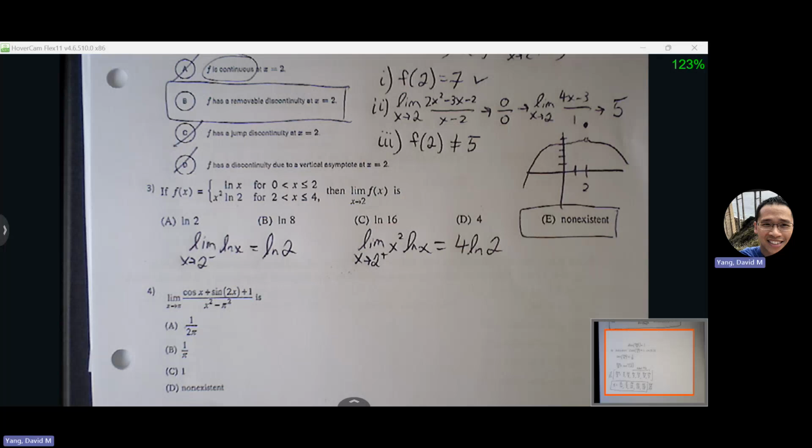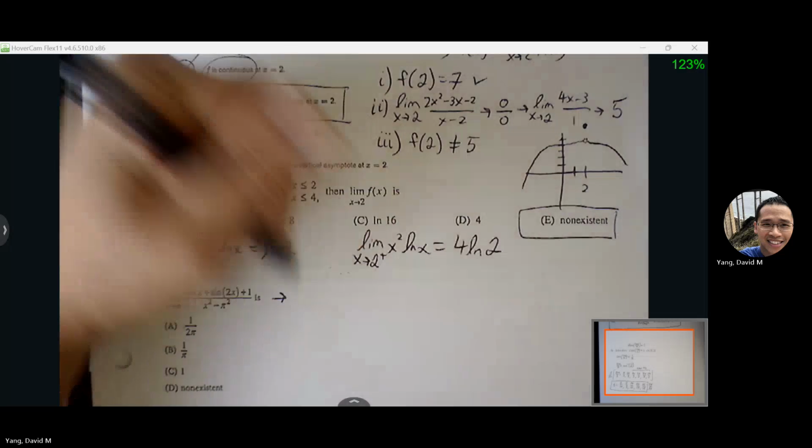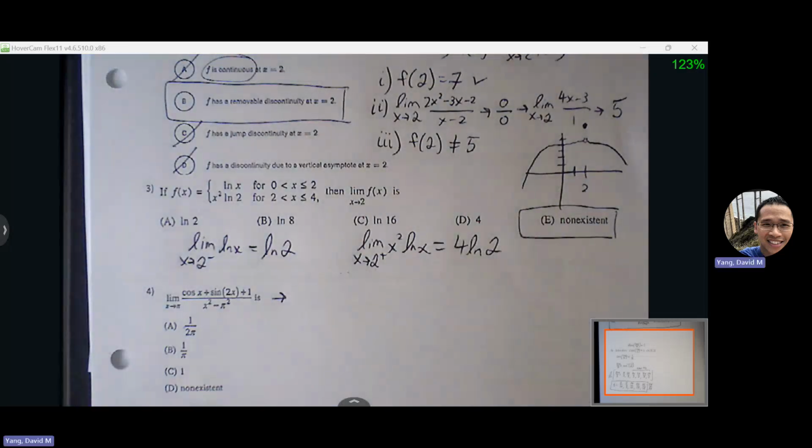Number 4, this looks like a pretty complicated limit problem, but maybe it's L'Hopital's rule, but we don't want to assume anything, right? Maybe the limit does exist by plugging in pi, but we only do L'Hopital's rule if direct substitution leads us to 0 over 0. So let's start off with direct substitution to see what we get. Cosine of pi is -1, sine of 2 pi is 0.